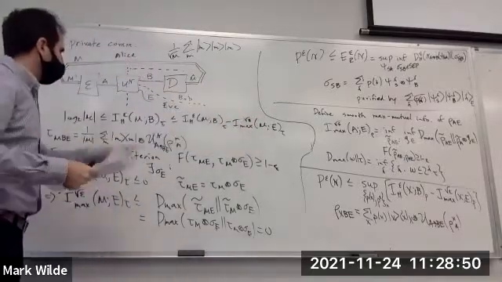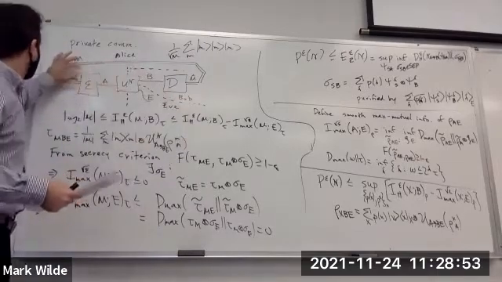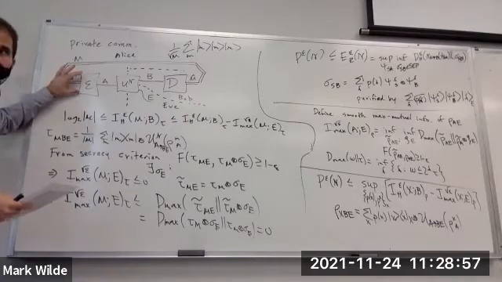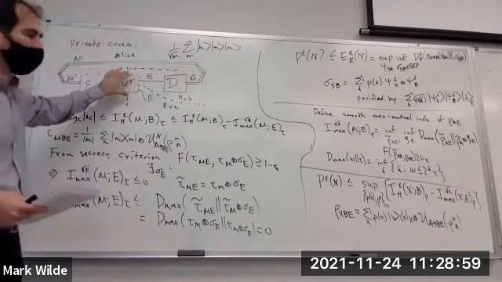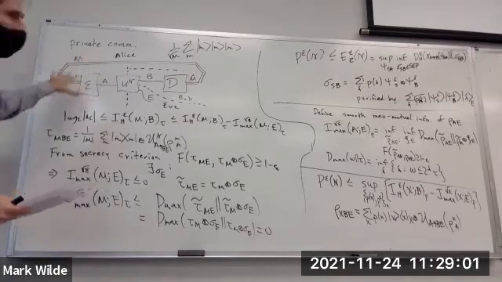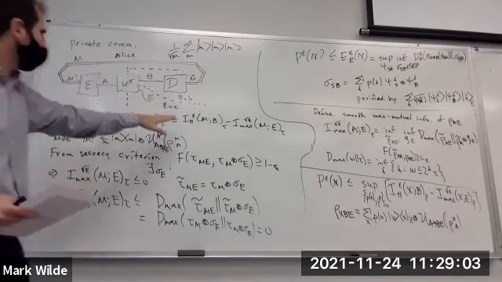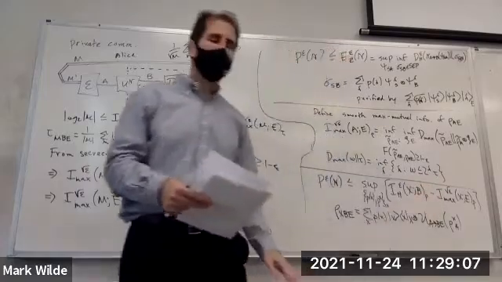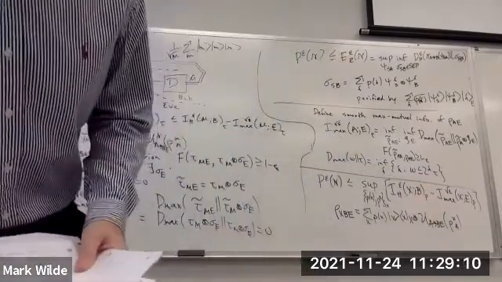At this point, the bound still depends on the probability distribution over the messages and the encoder. We want it to depend only on the channel. So if we optimize over all possible encodings, then we get this upper bound. Okay. So that's that upper bound.